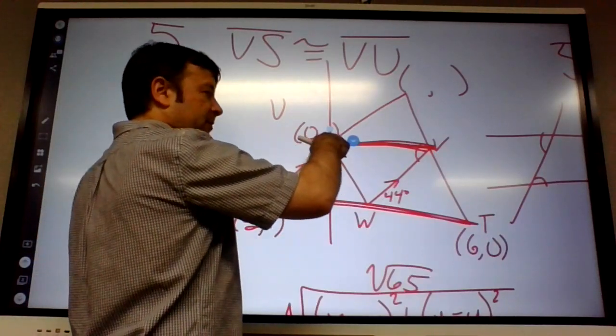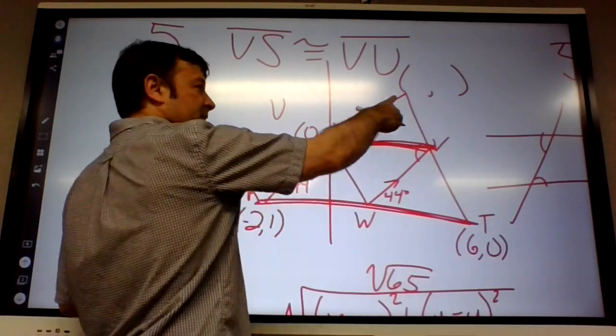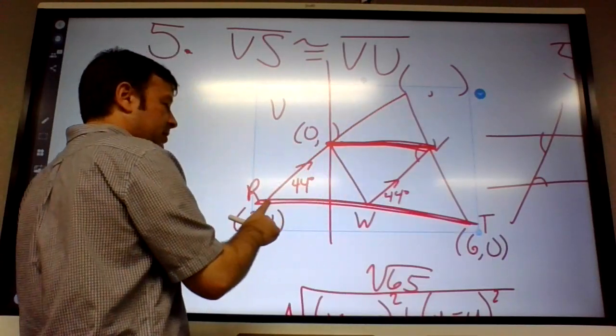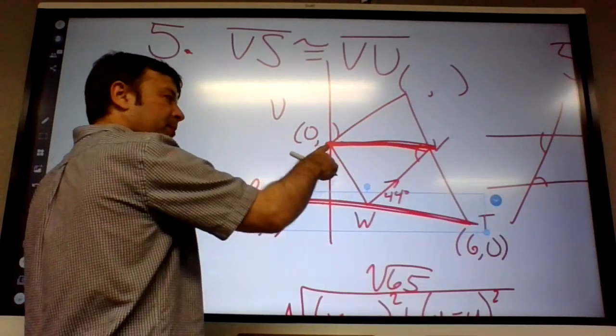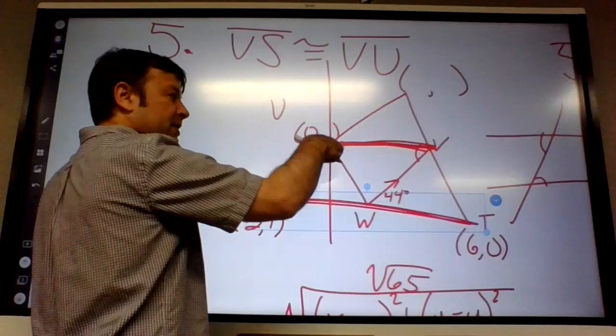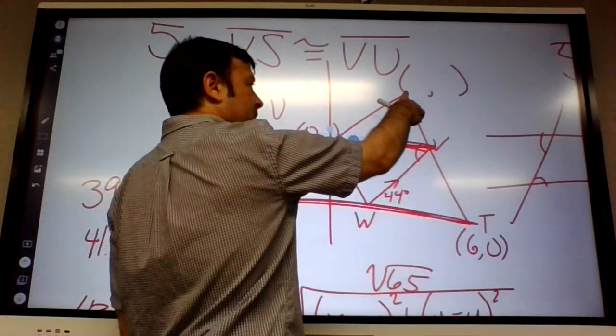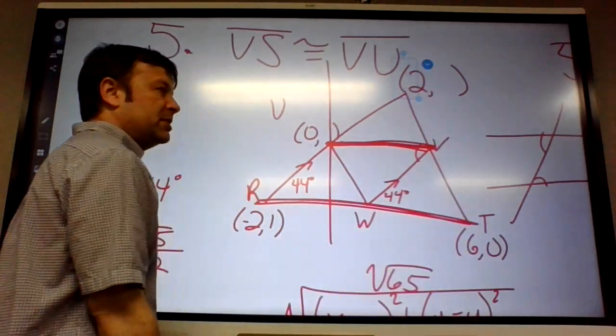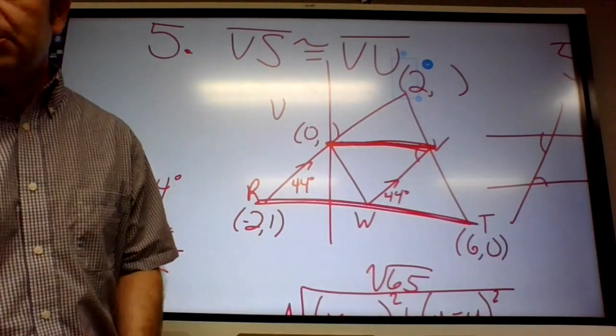So remember, to find the midpoint, you have to average these two. So the distance from here to here is going to be the same as here to here. So if the x-coordinate moves up by 2 from here to here, it's going to move up by 2 from here to here. So 0 plus 2, the x-coordinate is going to be 2.